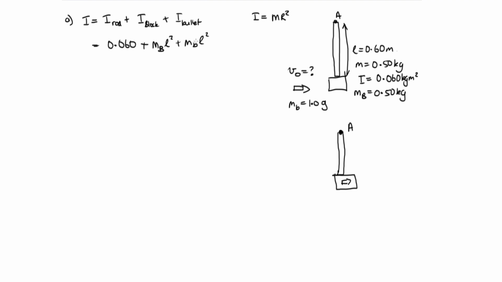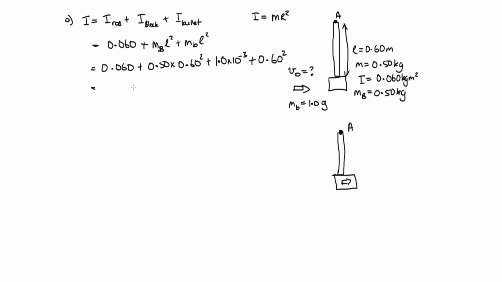Now the mass of the bullet is so much less than the mass of the block that if you wanted to ignore it, you could. It wouldn't actually make a difference to the final answer, but let's include it anyway. Okay, so we've got 0.060 plus the mass of the block, that's 0.50 times 0.60, that's the length squared, plus the mass of the bullet is 1 times 10 to the minus 3 kilograms, because it's only 1 gram, times 0.60 squared.